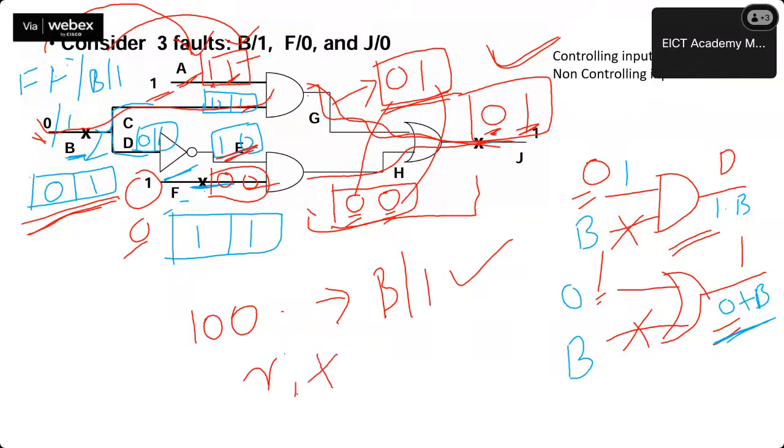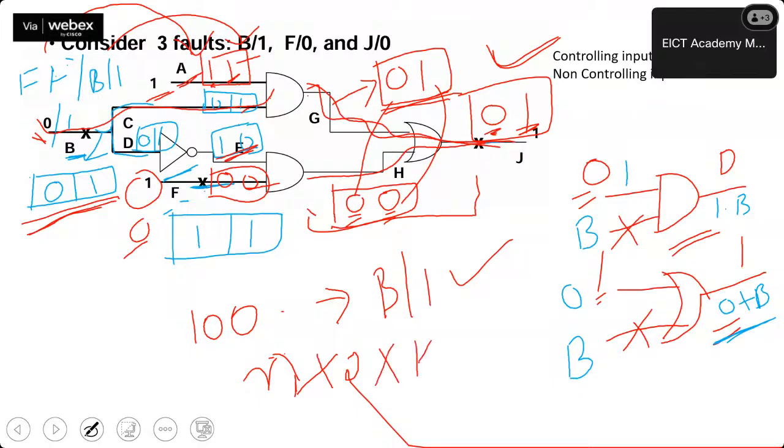In each and every pass, I require one fault-free and one faulty bit, 2 bits for each and every branch. So it requires n into 2, n number of faults into 2, and let's say k is the number of branches. So this much memory space is required for the serial fault simulation.